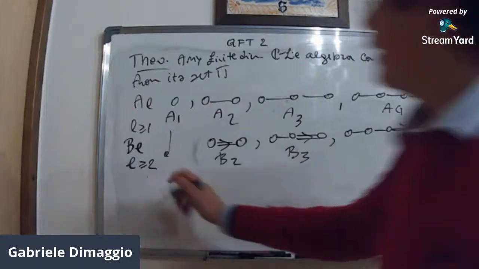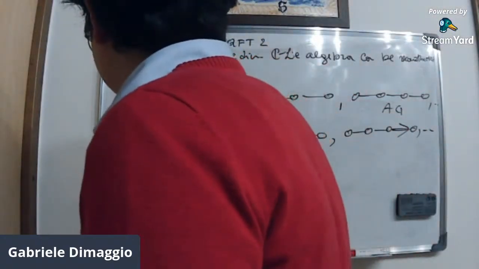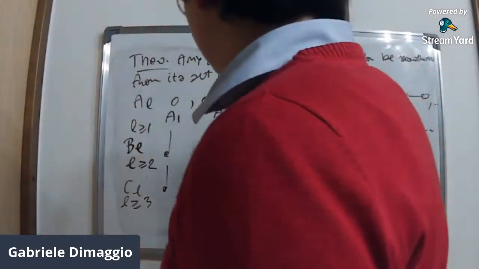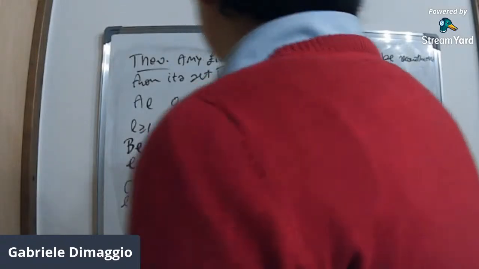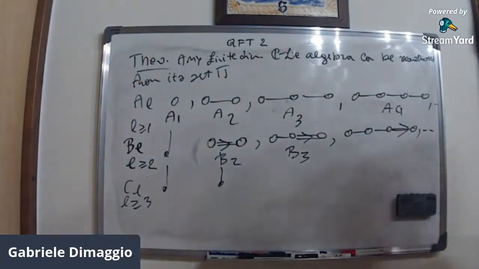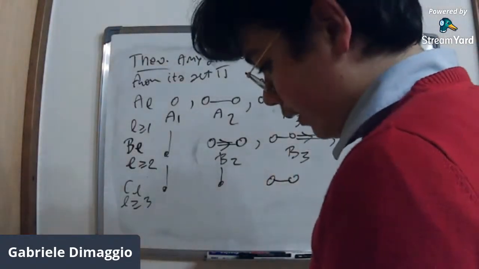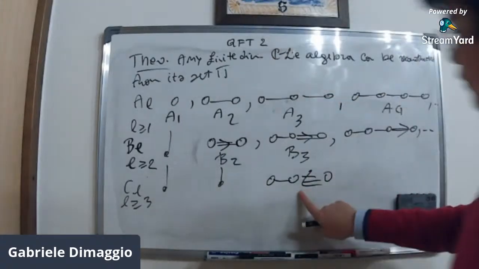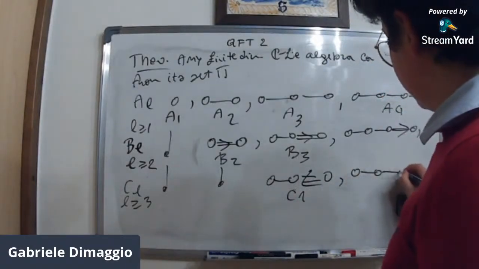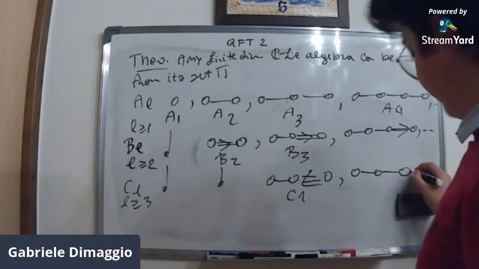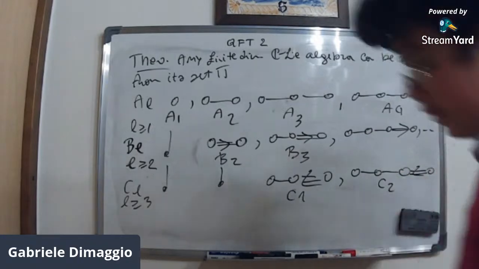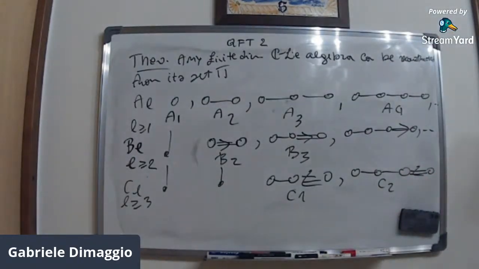Then I have C_L for L at least 3, so there isn't any case for L equal to 1 or 2, but there is a case for L equal to 3. In fact, I have this, C1, and then C2, and so on.